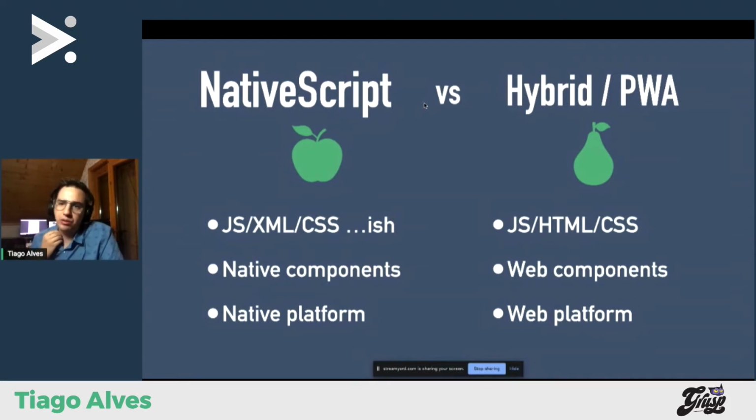While on a hybrid or PWA, you will use buttons or spans or divs that are web components. They only work on the browser. And also, on NativeScript, you will be using the native platform, not the web platform. So also maybe answering a question from the previous talk.